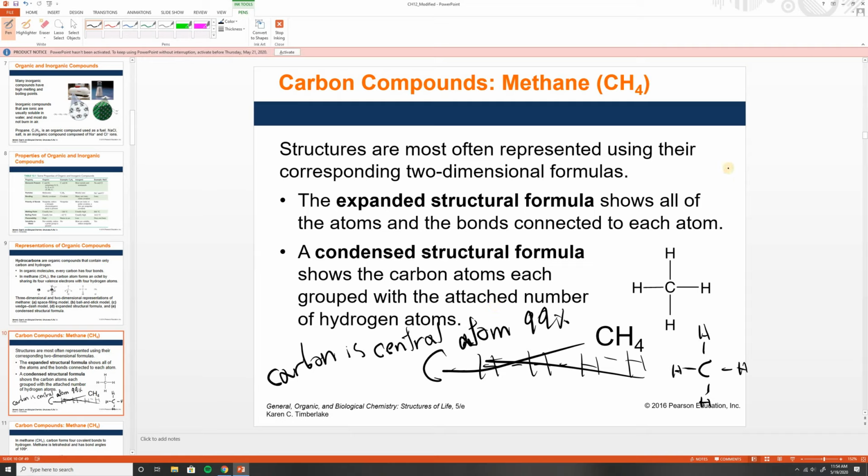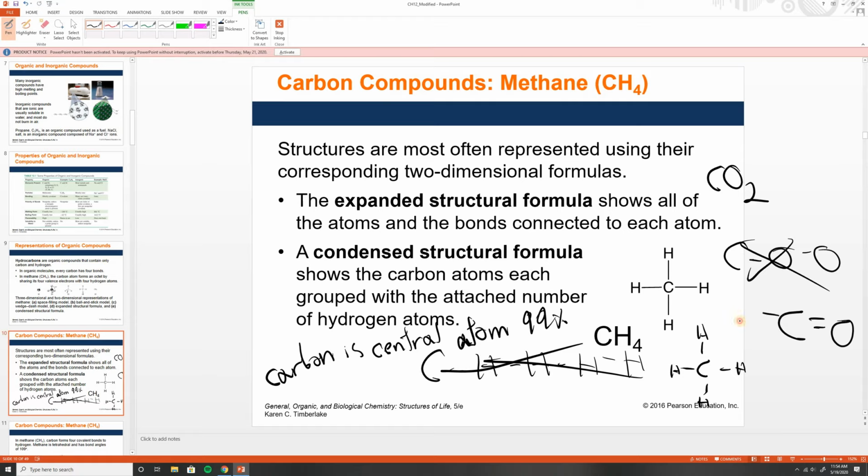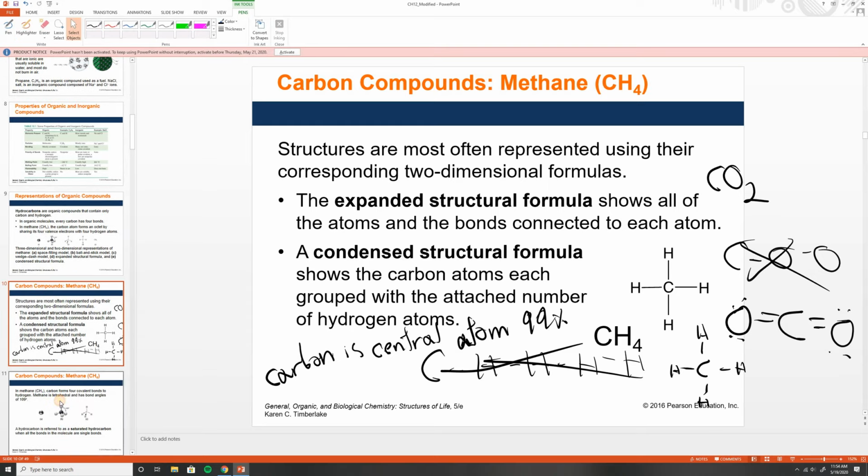If you have CO2, for example, it's not going to be COO with any kind of bond in there. That's not going to be it. It's going to be carbon in the middle, double bonded to one oxygen on one side, double bonded to the other oxygen on the other side, and then you have your 2 pairs of free electrons on each oxygen, like that. So carbon is always our central atom because we are carbon-based life.